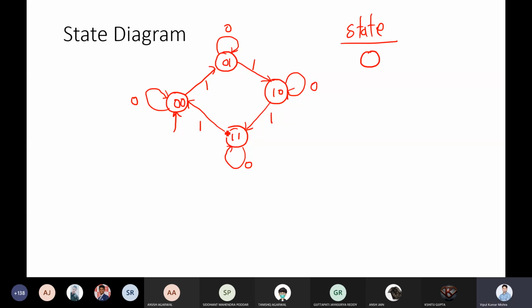Now, to go from one state to another state, you require some input. So this is representing the input. What exactly this state diagram is saying: if your input is 0, then you remain in the same state. When you have input 1, then you move to the next state, that is 0 1. Got it?